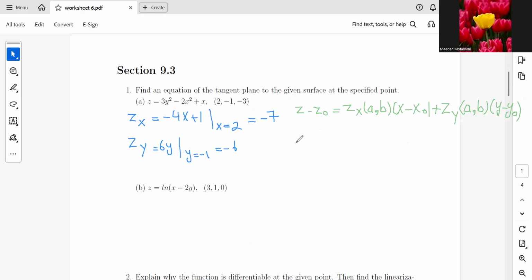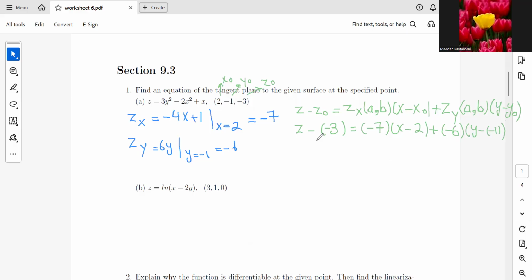Following this formula with the information that we have here gives us z minus negative 3, because we know that this is x sub 0, this is y sub 0, and this one is z sub 0. The partial derivative with respect to x at the point is negative 7, times x minus 2, plus the partial derivative with respect to y at the point, which is negative 6, times y minus negative 1.